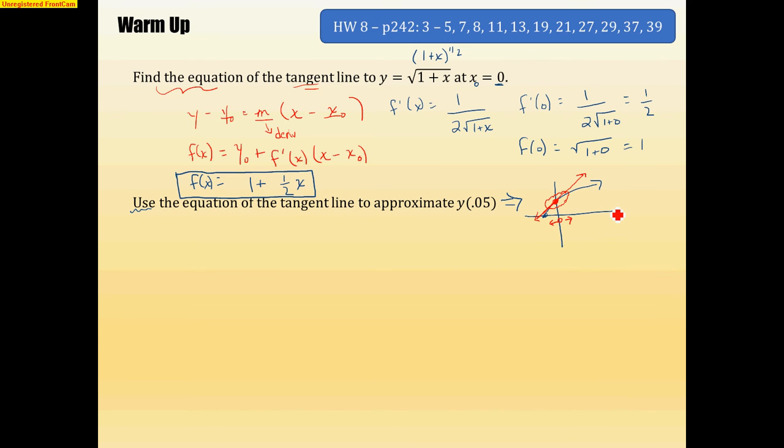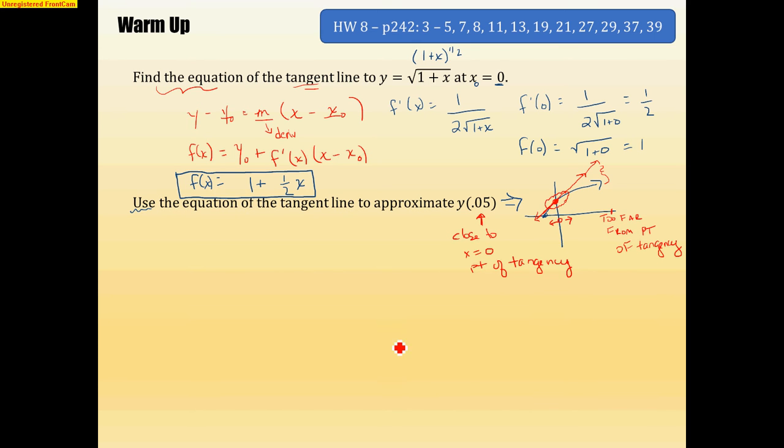But if you use a point way out here, look at how far away the tangent line is from the curve as x gets too far from the point of tangency. Then the tangent line is no good as an approximator. But as long as 0.05 is close to my point of tangency, I can use the tangent line to get a good approximation.